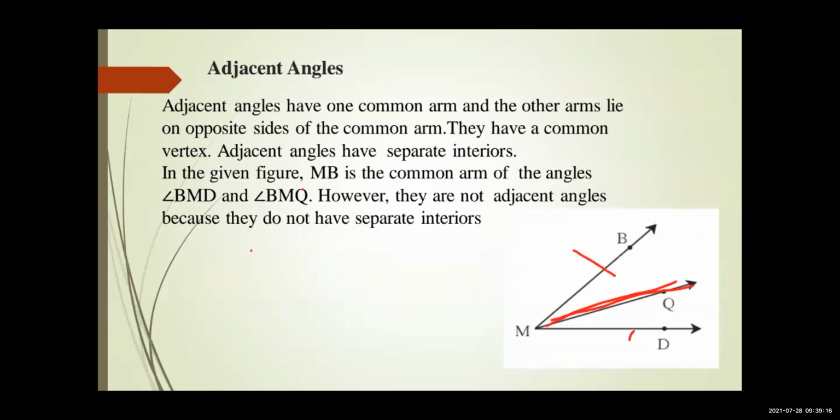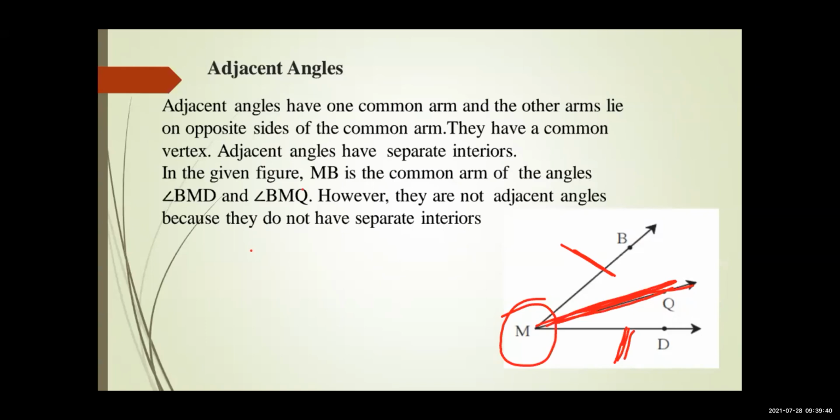They have a common vertex. Adjacent angles have a separate interior. Inside, only one interior is there, in the given figure.